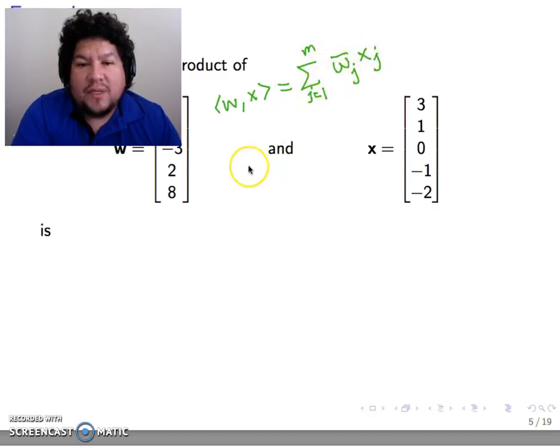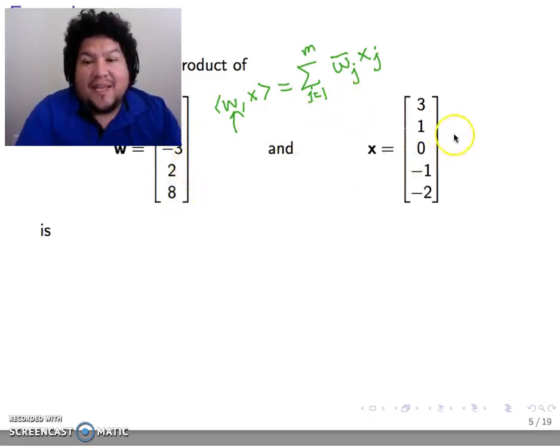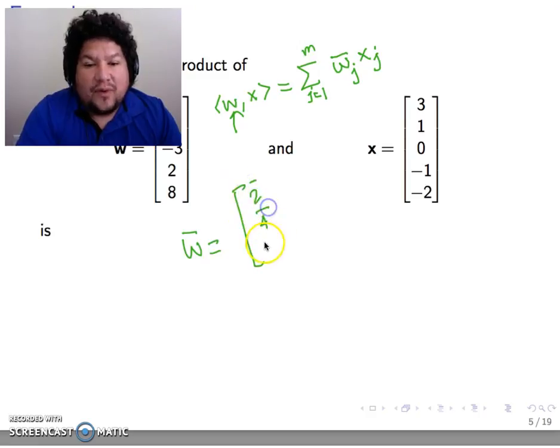So this would be the summation if the order in which they are listed in the inner product is that one, in which w appears first, the vector listed first is the vector at which we compute the complex conjugate. However, in this example, the conjugate of w would be the conjugate of 2, the conjugate of 4, the conjugate of -3, the conjugate of 2 again, and the conjugate of 8.